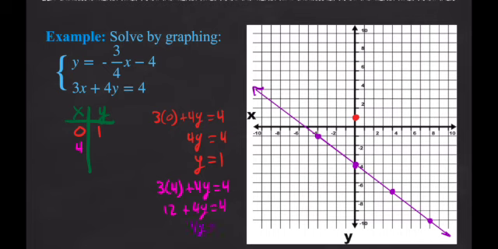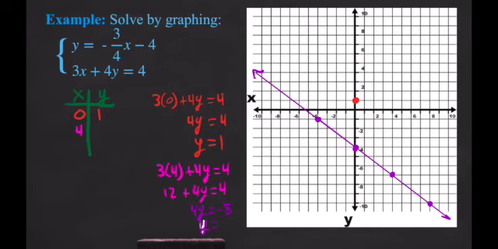So 4y equals negative 8. Then divide by 4. So y equals negative 2. So at 4, we are at negative 2. Okay, so let's go ahead and just graph that.